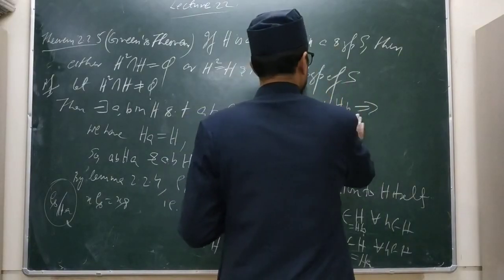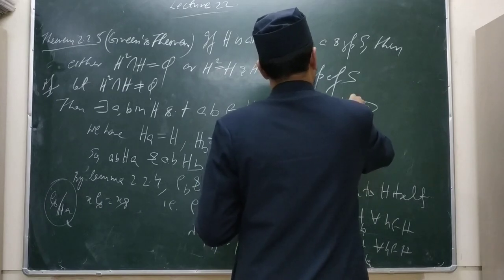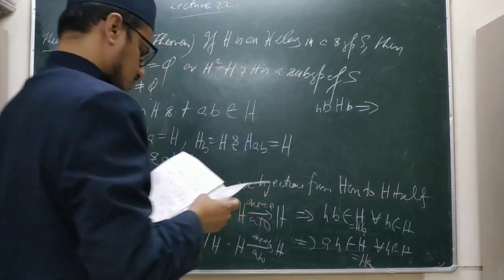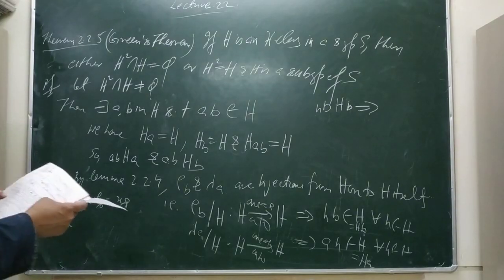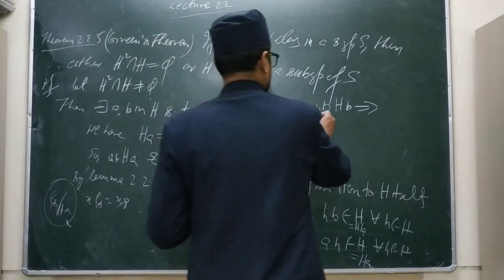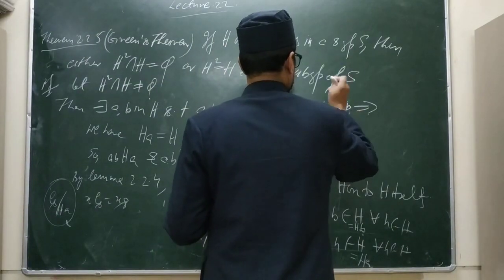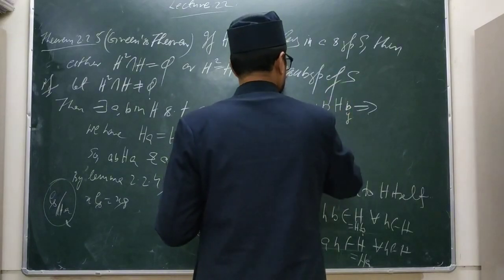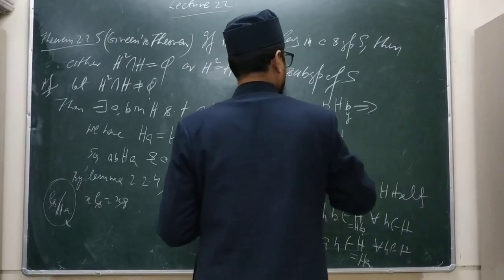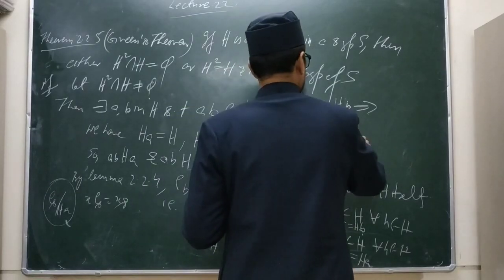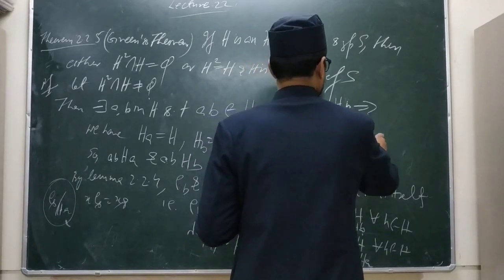So it is Hb like this, correct. Now apply x, y, Hx, x, y, Hx. If you remember this, x, y, Hy like this, okay. And here ah, a. So it is x, y, x. So x, y, H, x, correct.